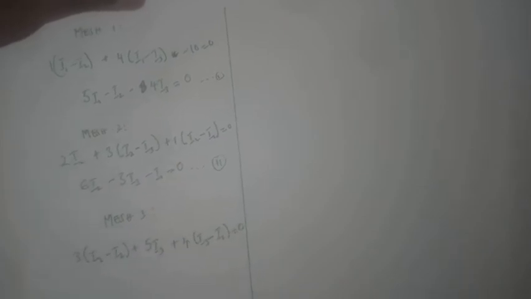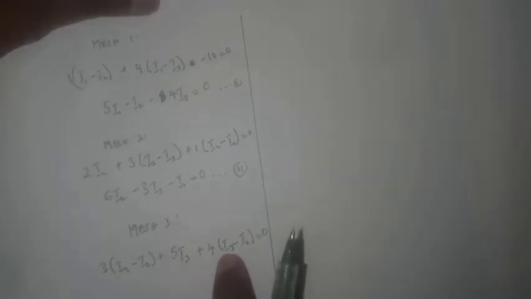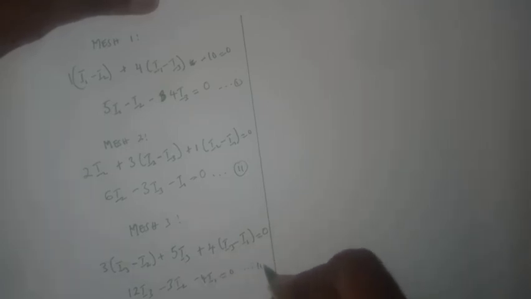Then we can rewrite this, and we have 3 plus 5 plus 4, that will be 12 I3. Then we have minus 3 I2 and minus 4 I1 equals 0, and we can call this our third equation.